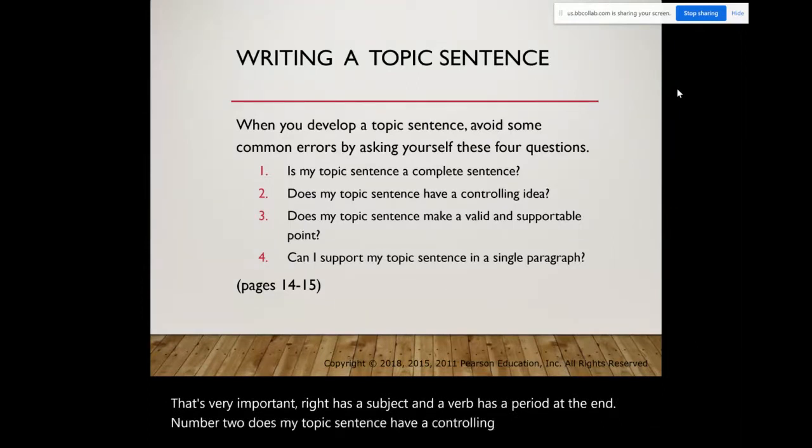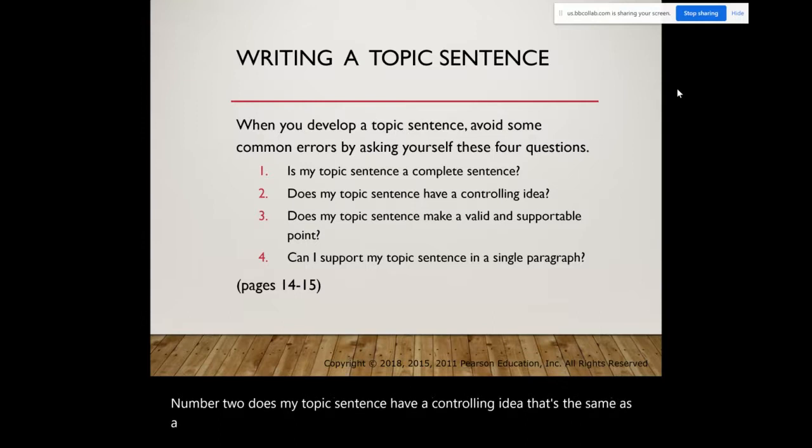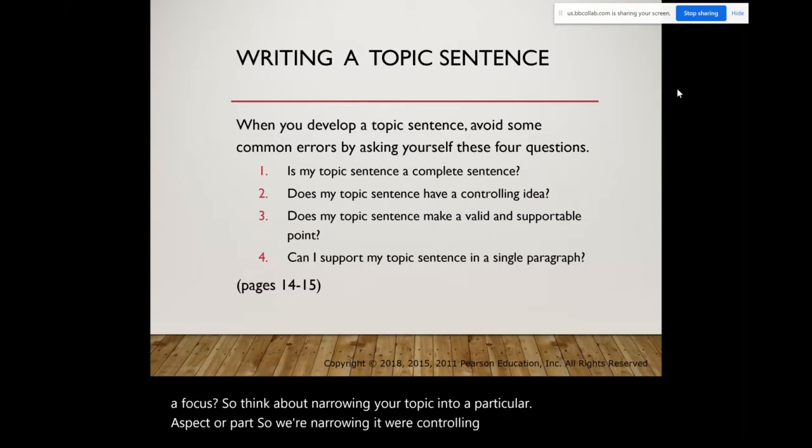That's the same as a focus. So think about narrowing your topic into a particular aspect or part. So we're narrowing it, we're controlling the idea.